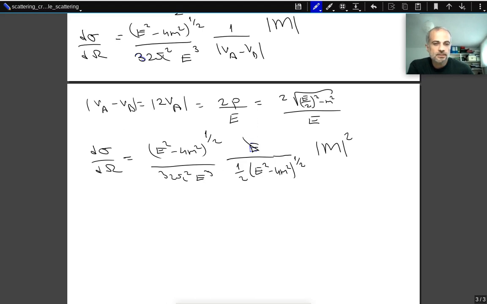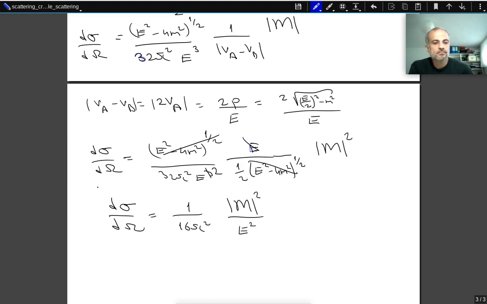So this e will cancel one of these, and this square root will cancel this square root, and we finally have the sigma over the omega is equal to 1 over 16 pi squared, m squared over e squared.